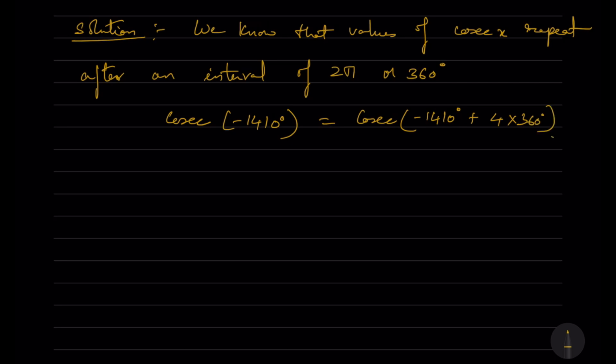So this is equal to cosecant of minus 1410 degrees plus 1440, which is nothing but cosecant of 30. Since it is lying between 0 and 90 degrees, cosecant theta gives a positive value, therefore cosecant 30 is nothing but equal to 2.